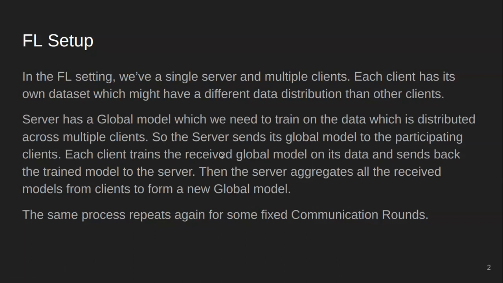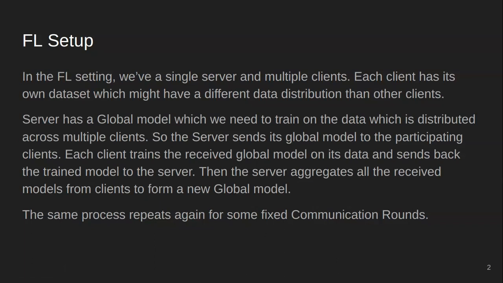The server will send its global model to the participating clients. Each client will receive that global model, train it on its own data, and send the trained model, or an update for the model, back to the server. Then the server aggregates all the received models from clients to form a new global model, which it again sends to the clients for further training.